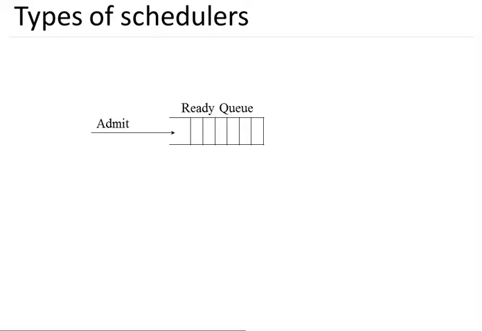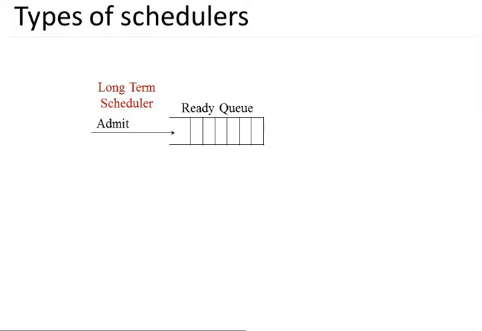In the system there are various processes and we cannot allocate all the processes to the ready queue. The task of selecting which process to admit to the ready queue is performed by the long-term scheduler.